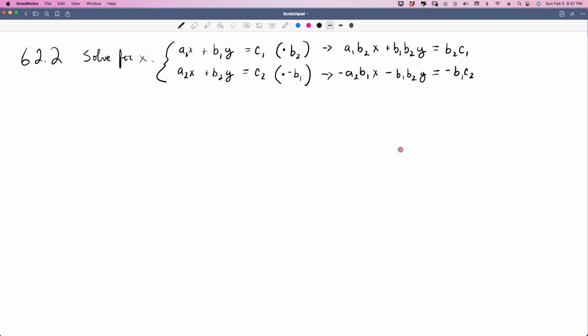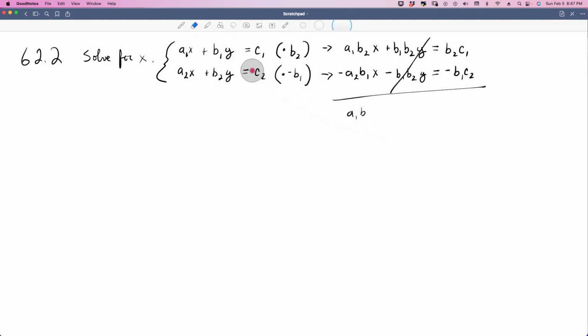And I'm sorry, this was c sub 1 up here. So that allows for this one to cancel this one because these are identical. So those go away.